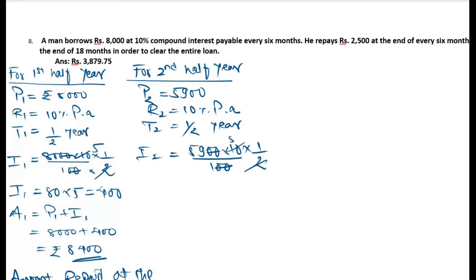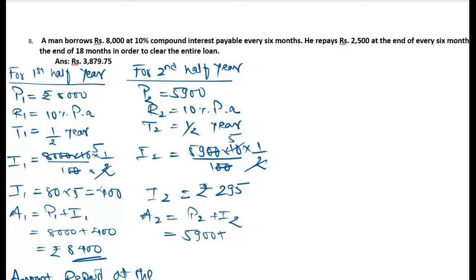So 59 fives are 295. Interest at the end of second half year. What will be A2? A2 will be P2 plus I2. P2 is 5,900 plus I2 is 295. 5,900 plus 295 is 6,195.